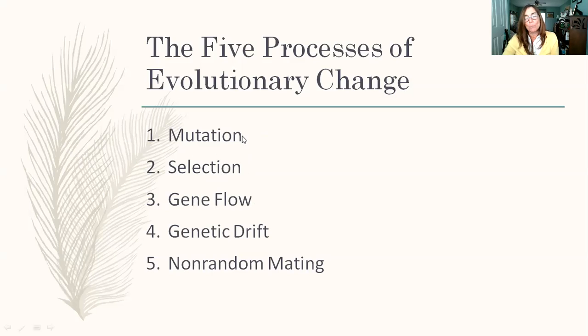Of course, we know now that mutation is one of the processes that gives rise to variation. So they go through these 5 processes, mutation, selection, gene flow, genetic drift, and non-random mating, one by one. And that's what I'm going to do.